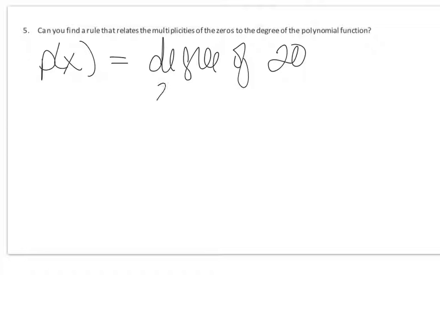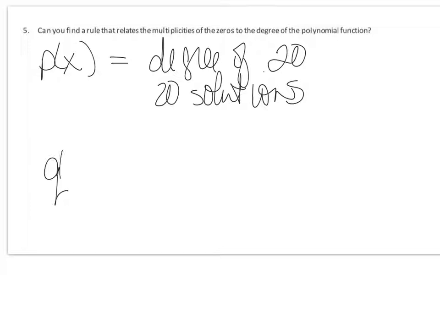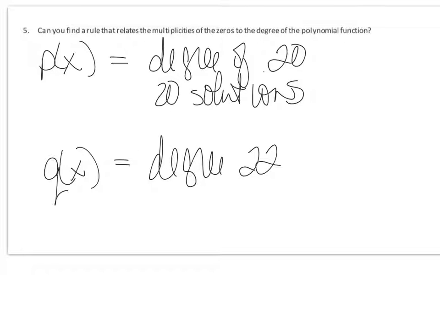Degree of 20, 20 solutions with multiplicities, right? And then we had Q of x, which our degree was higher because we had that x squared plus 5 in the beginning, and we have to count that. So the degree is 22, but we still only had 20 solutions.